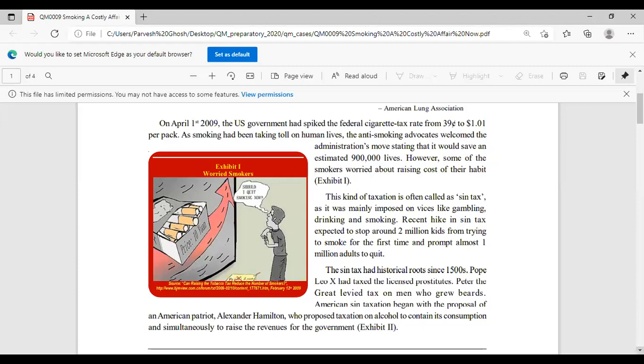Now, the recent hike in sin tax is expected to stop around 2 million kids from trying to smoke for the first time. Kids are also smoking these days. It would also prompt almost 1 million adults to quit. So not only the younger population, see this, the older population will also quit if the tax is very high, right?